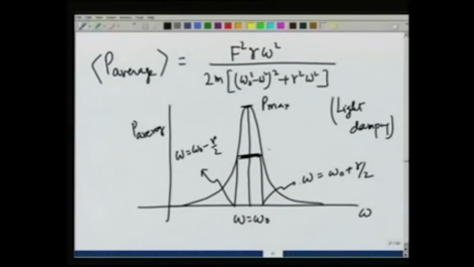At these two frequencies, this becomes P maximum divided by 2. So, this frequency width is gamma. This is known as the full width at half maximum.